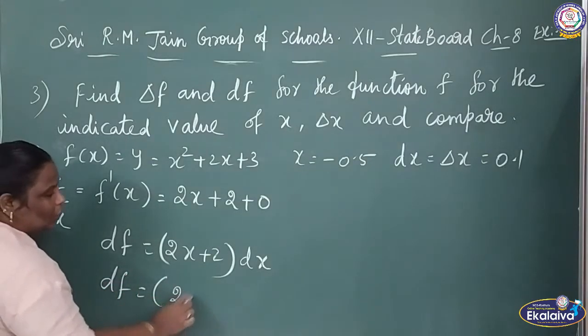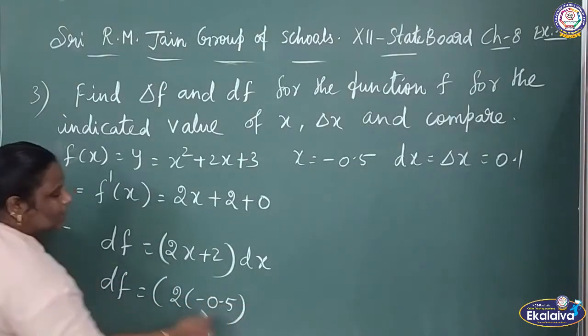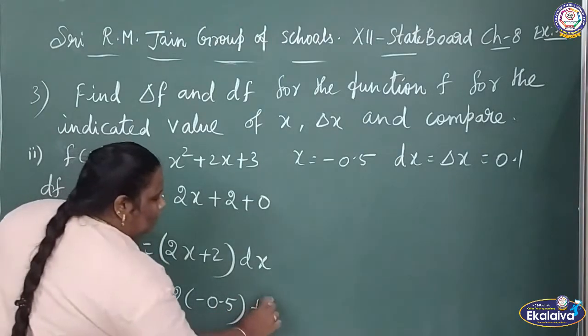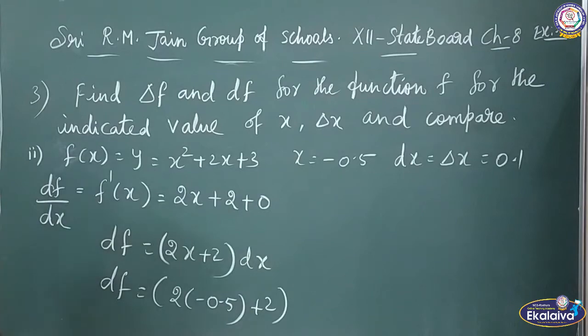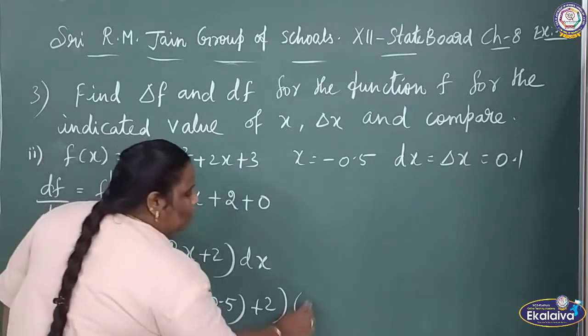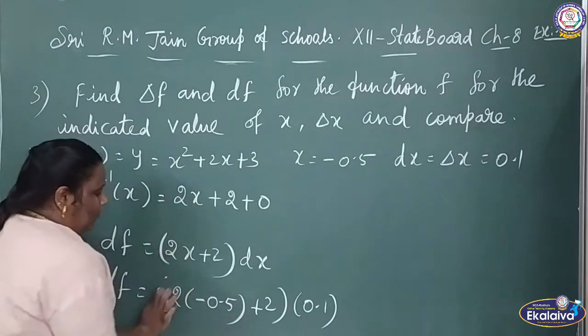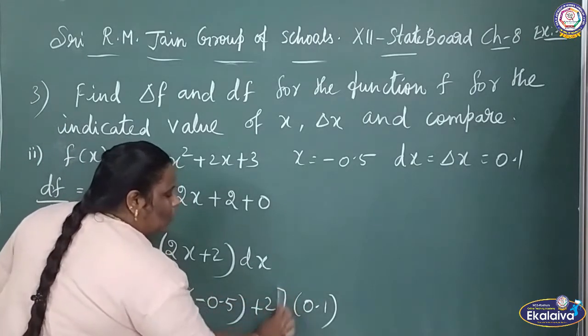df equal to 2 into minus 0.5, x value is minus 0.5, plus 2 into, what is dx? dx is nothing but 0.1. Minus 0.5, 0.1.